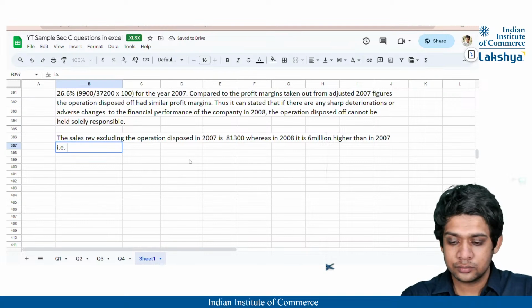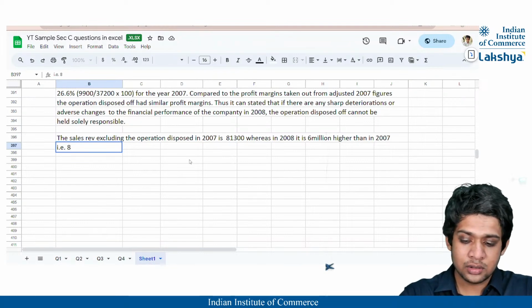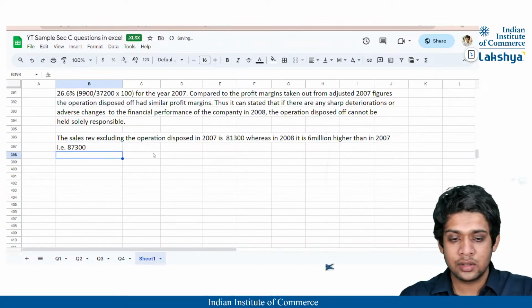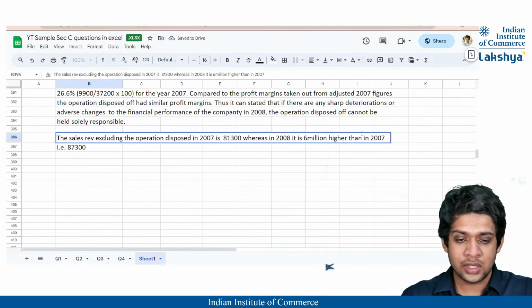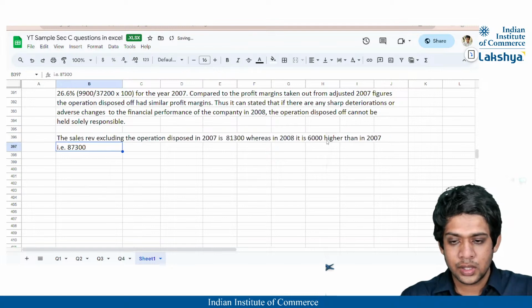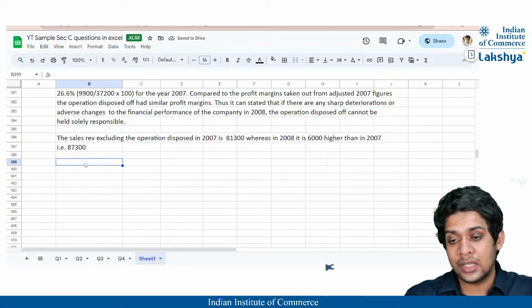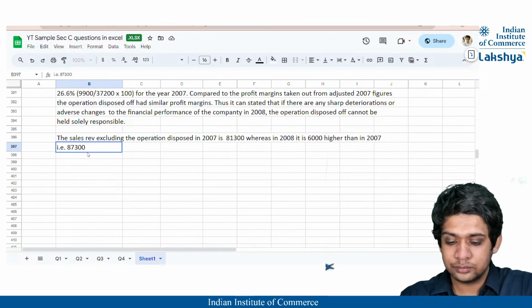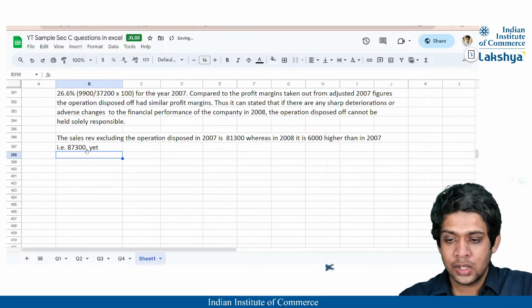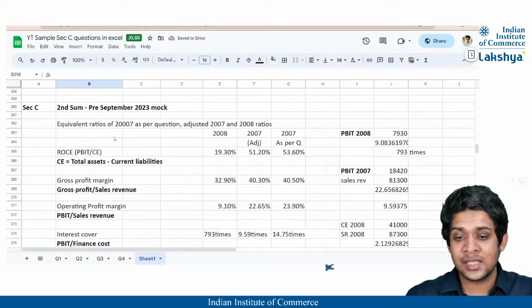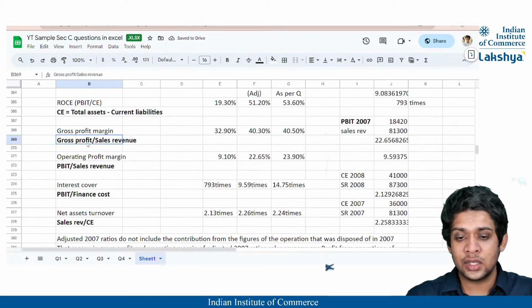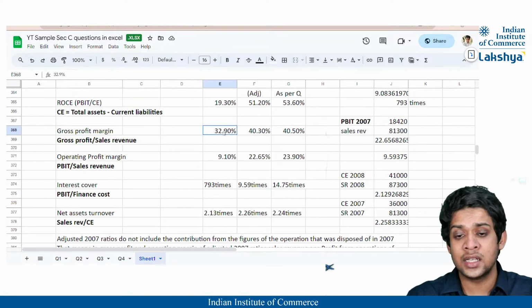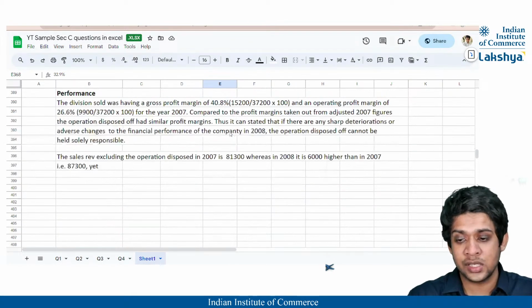I can just mention here not 6 million, 6,000 higher than in 2007, that is 87,300, right? Yet you can see here the sales revenue has increased, correct? But the gross profit margin has still deteriorated from 40.3% to 32.9%.